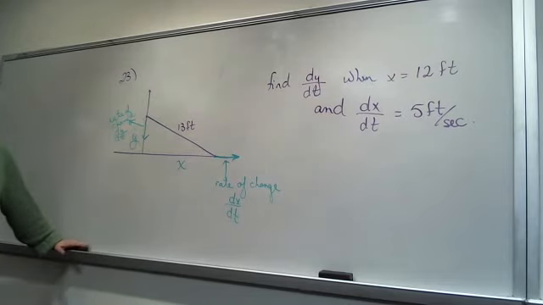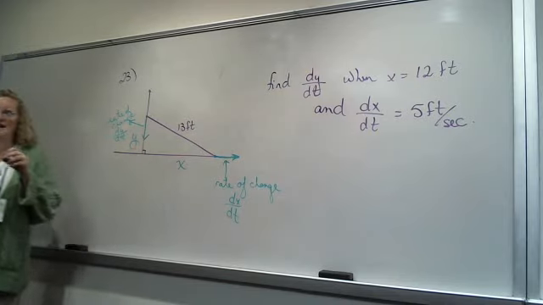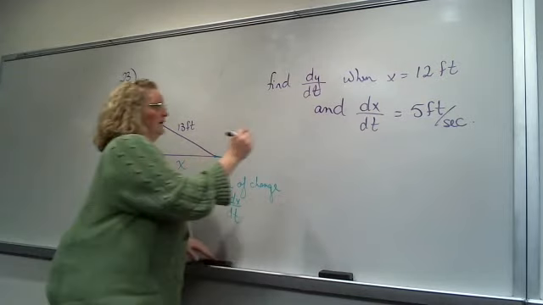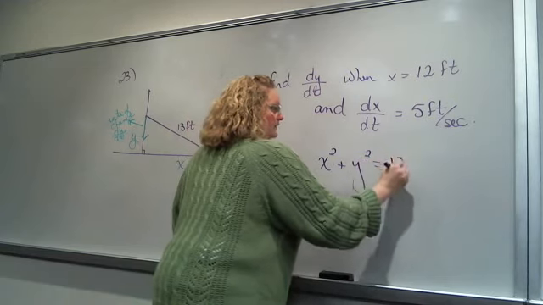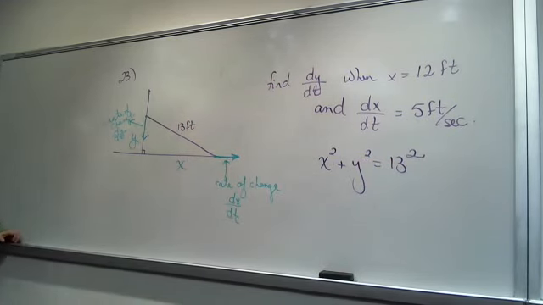What can I use? Pythagorean theorem. We're going to assume that that is a right angle. Pythagorean theorem says that x squared plus y squared has to equal 13 squared, right?